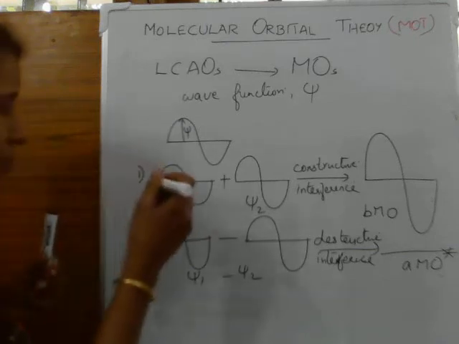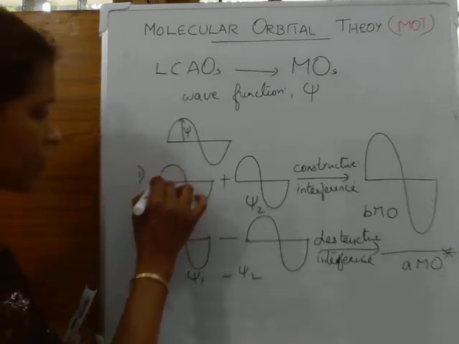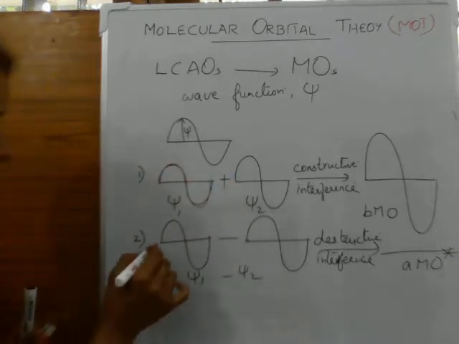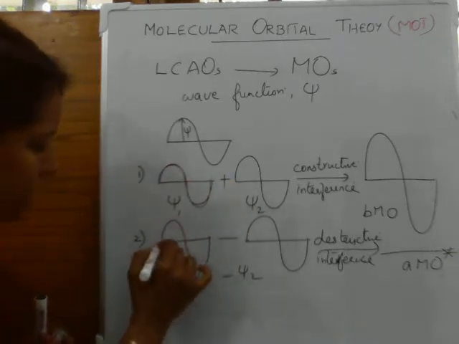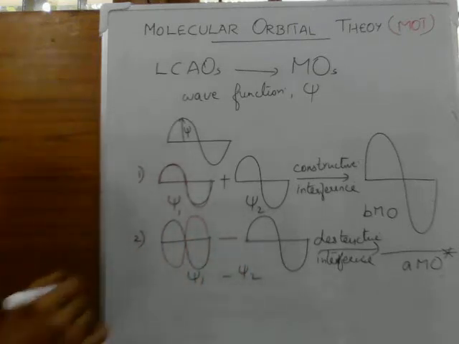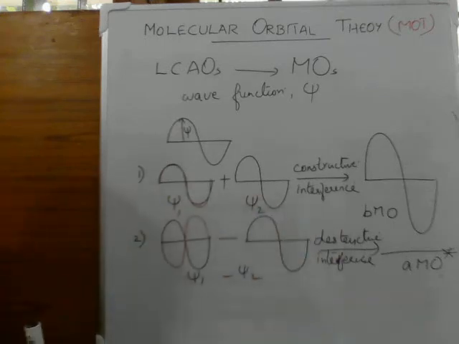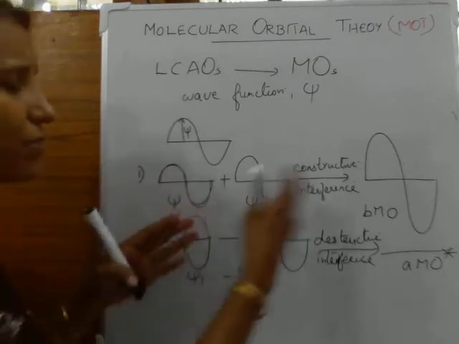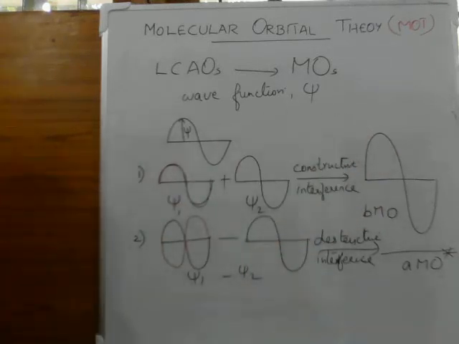Constructive can be imagined as the coinciding of one wave exactly above the second wave. In the destructive case, the electron waves cancel each other and form anti-bonding molecular orbital. In the case of constructive interference, the electron waves reinforce each other and form bonding MO.